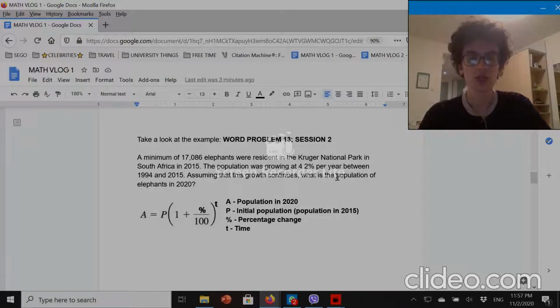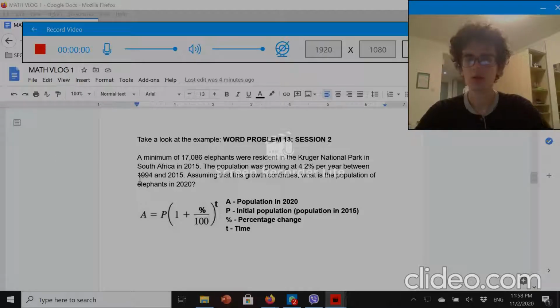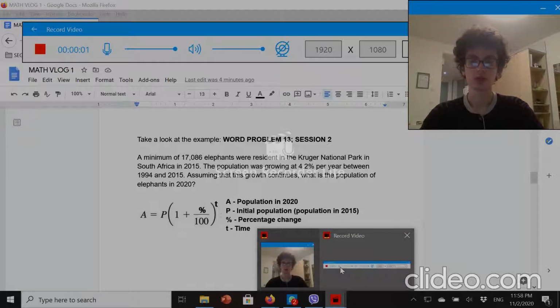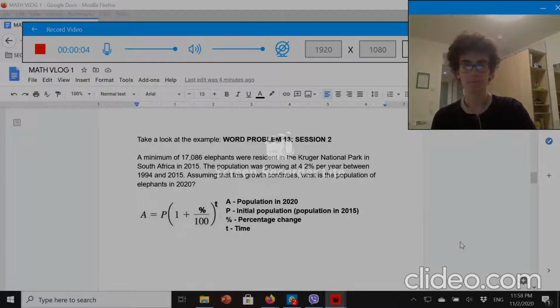The population was growing, so it was increasing at 4.2% per year between 1994 and 2015. So assuming that this growth continues, what would be the population of elephants in 2020?